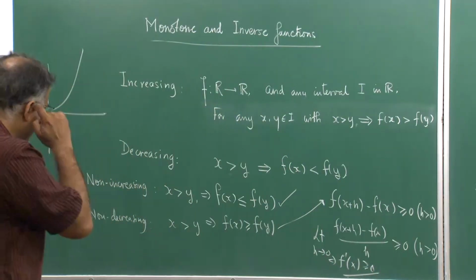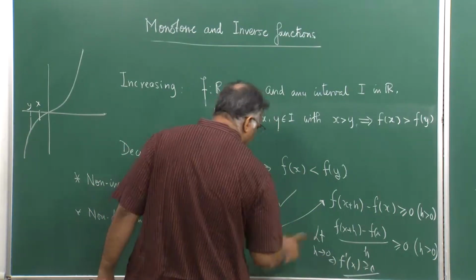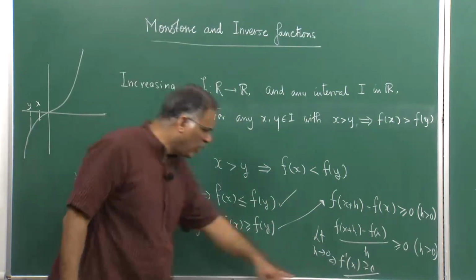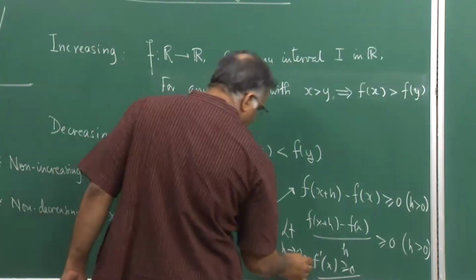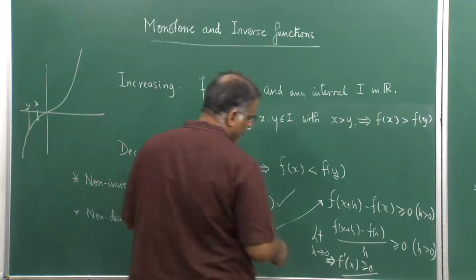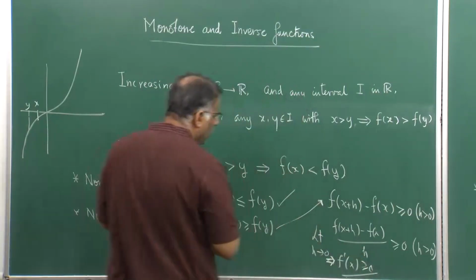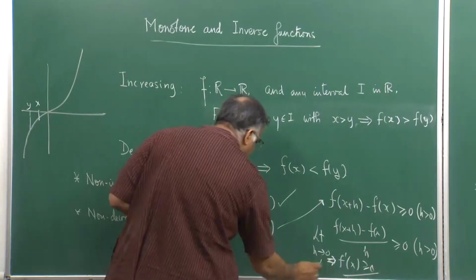So, for this case the necessary condition can be implied, but this does not at all mean f dash x greater than or equal to 0 implies the condition. We might now get the idea that f dash greater than or equal to 0 might not always imply this.